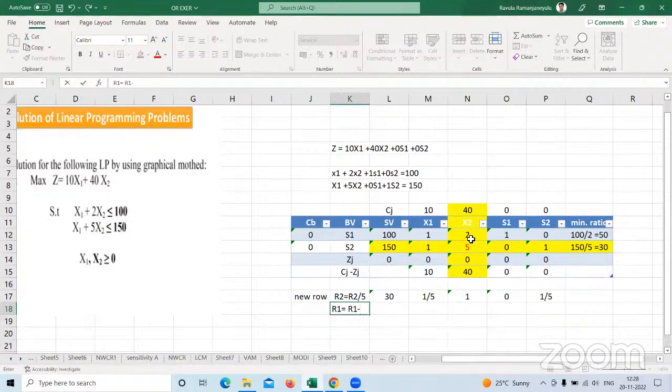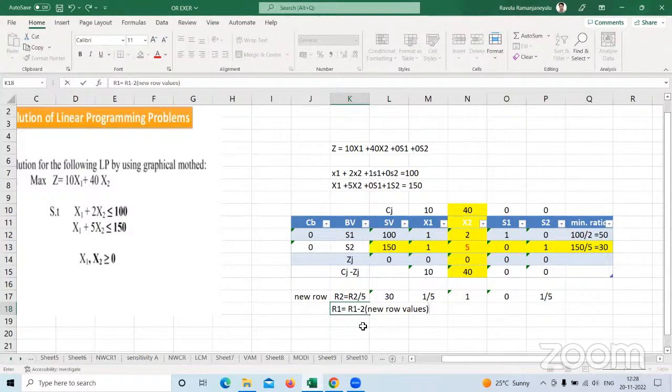Key element of the first row means not 5; the first row key element is 2. So 2 into the new row values, that is the values we got here.